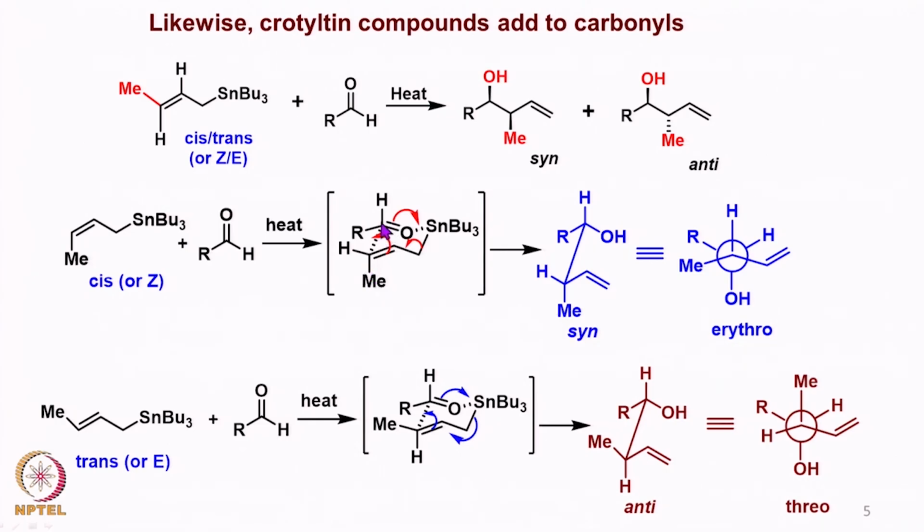When this CC bond forms, as you can see, the OH group is pointing below and also the methyl group is pointing below, and therefore this is a syn oriented or syn configured compound, which we can write as a Newman projection like this, which is also called an erythro compound.